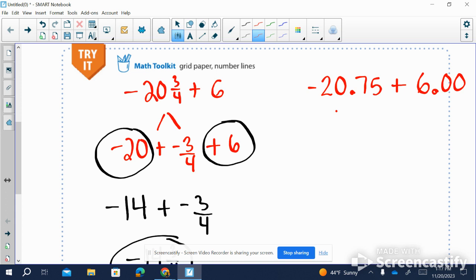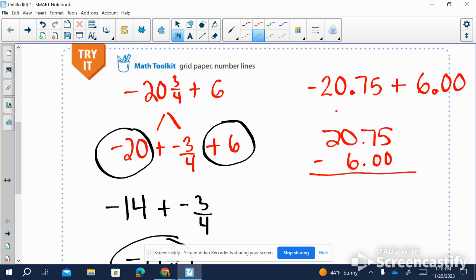Different signs subtract. So I'm going to place the negative 20.75 on the top because the absolute value of negative 20.75 is greater than the absolute value of 6. And I'll place the 6 underneath the 20.75. Make sure when you're adding and subtracting decimals, you're lining up the decimal places.